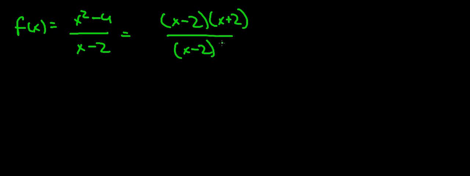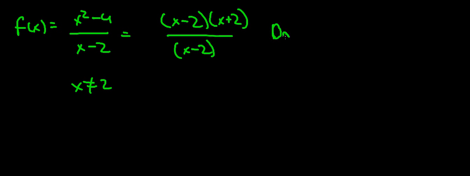And we have an x minus 2 in the denominator. Now it's very tempting, and we can do it if we want to, just to cancel these out and say that the domain is all real numbers. But that's not true, because x cannot equal 2. This is a mistake that lots of people make.